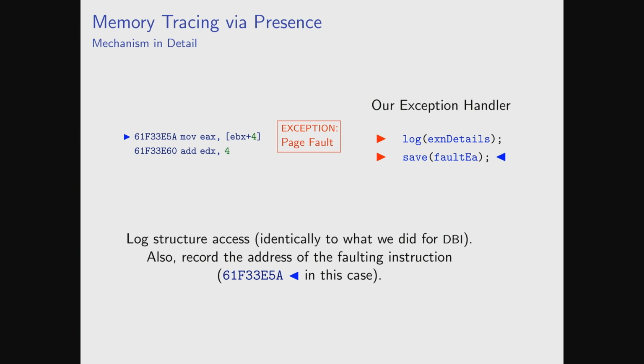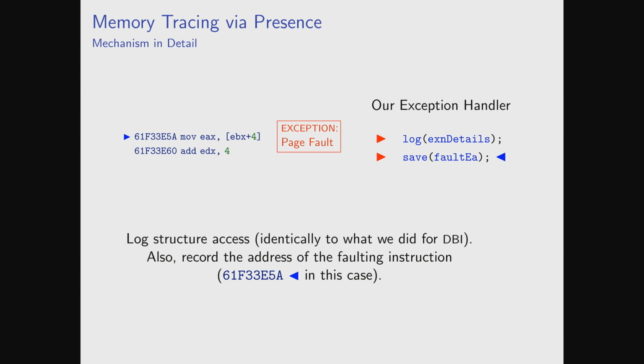So if it was our fault, now we are in the exact same position as the DBI-based tools are, where at this very moment we know that this particular instruction tried to access some allocated region that we're interested in.